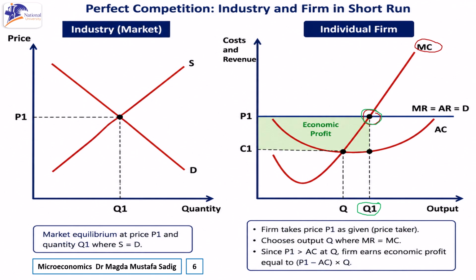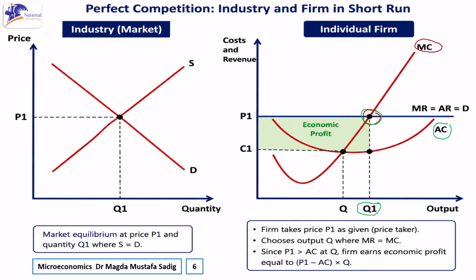And we observe that there is another line called average total cost. The cost to produce Q1 is below the price, so we are producing Q1 at a low cost and we are making profit.